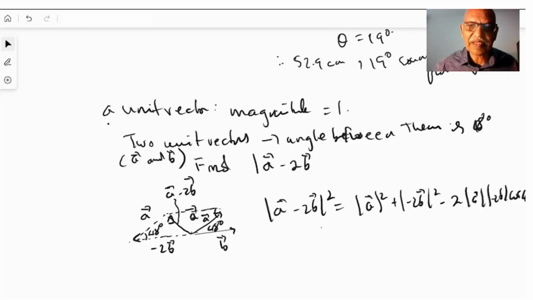So this will be the magnitude of A squared. It's a unit vector, therefore it will be 1 squared, plus minus 2B. Whenever it's magnitude, the negative is gone. So 2 squared will be 4, 4 times 1, minus 2. This is A, the magnitude of A is 1.